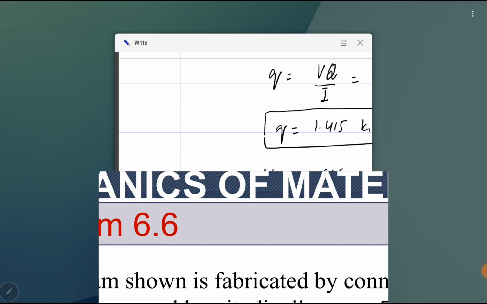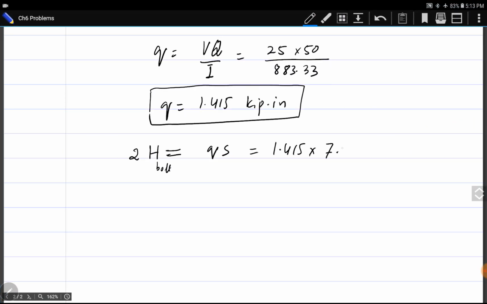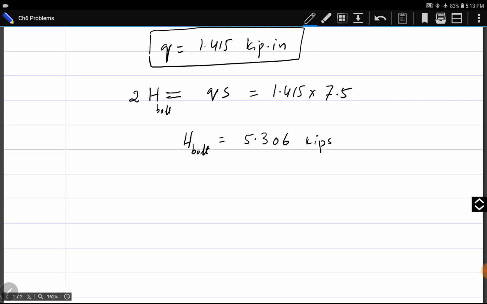Okay. S is 7.5. Horizontal force in the bolt will be 5.306 kilopounds in each bolt. This is horizontal force in each bolt.